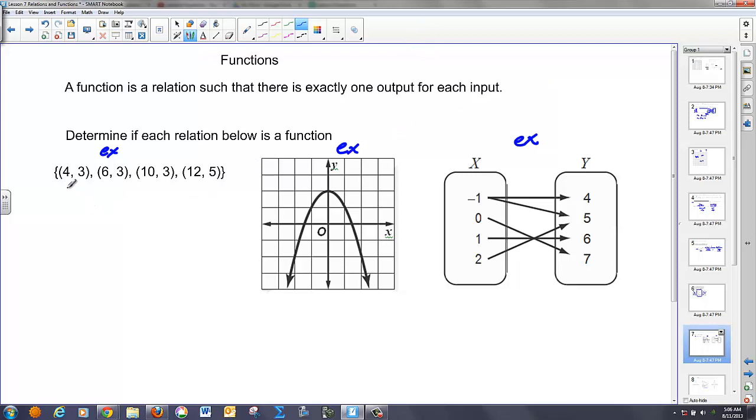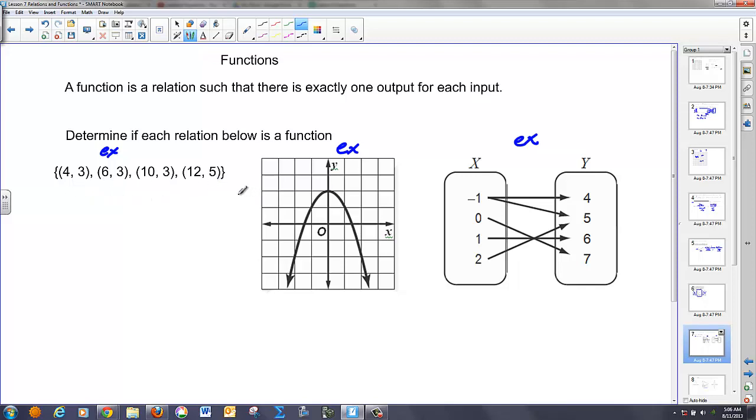So for the input of 4, do I only have one output? It appears so. For the input of 6, do I only have one output? Yes. For the input of 10, do I only have one output? Yes. For the input of 12, do I only have one output? Yes. All right.